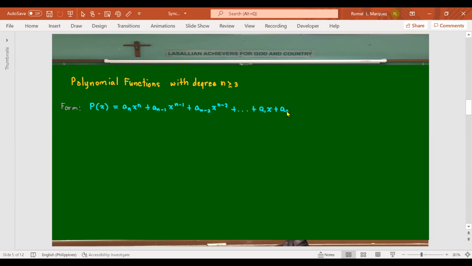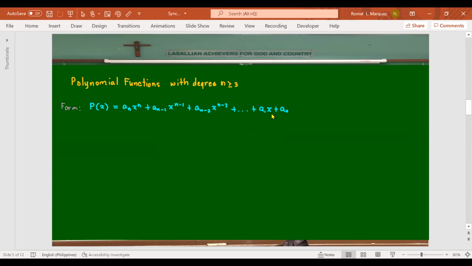If a sub 1 to a sub n are 0, you just have the constant term, and that is a constant function. If a sub 2 up to a sub n are all zeros, you have a linear function.